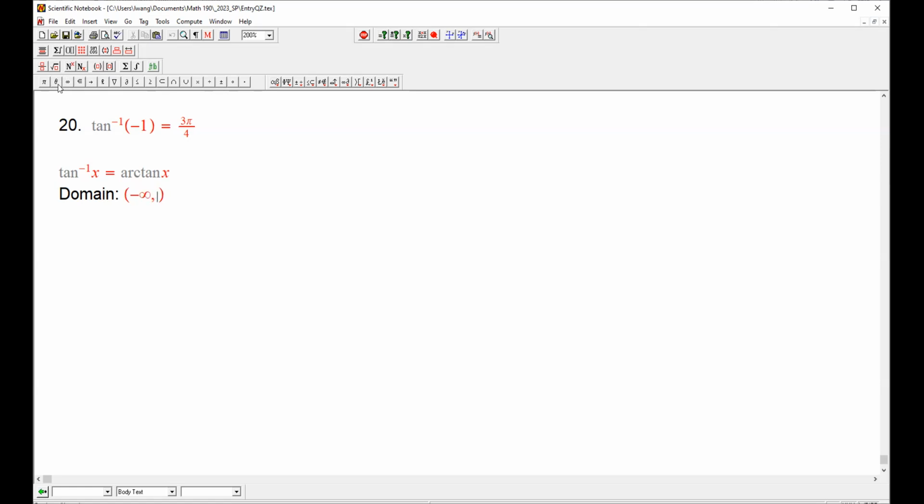The range, okay, I'm going to show you a picture. Just 1 second. The range is between, I'm going to show you multiple forms of the range and domain.